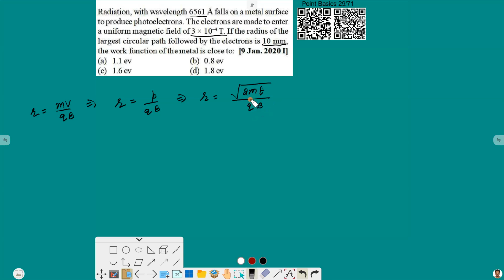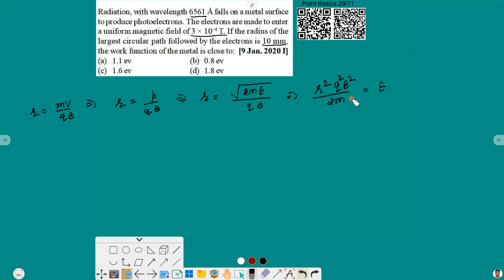From this we can find an expression for energy. Squaring both sides, E is equal to q square B square r square divided by 2m. This is also the relation in the cyclotron, where particles move in a circle, and the kinetic energy is given by this relation. So you can use that directly, or you can use this method to derive it.